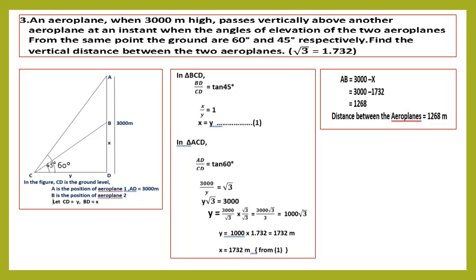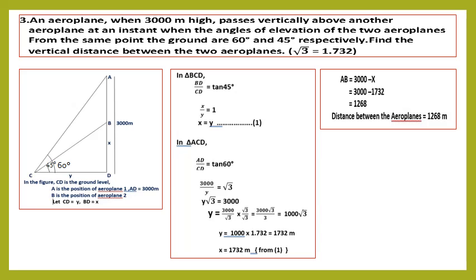Now in triangle ACD, AD by CD is equal to tan 60°. AD is given 3000 meters divided by CD is Y, that is equal to tan 60°, the value is √3. So 3000 by Y is equal to √3. Therefore Y √3 is equal to 3000.